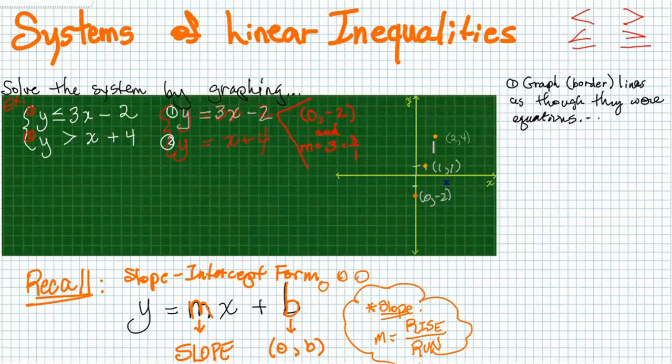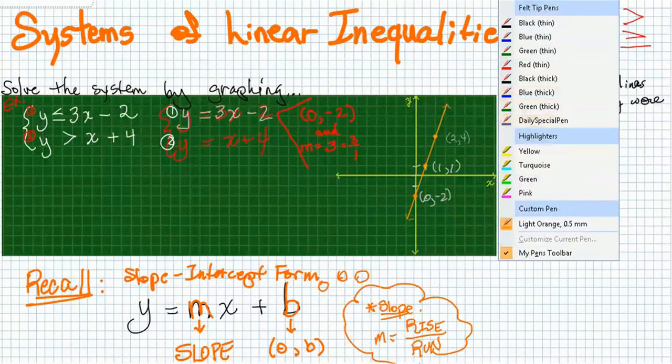And now that we have those filled in, we can go ahead and draw in our line. For now, don't worry about whether you're going to use a dotted or a solid line. Whenever we get the lines up there, then we'll worry about that afterwards. So there is line 1 in the orange, and let me go ahead and label it.